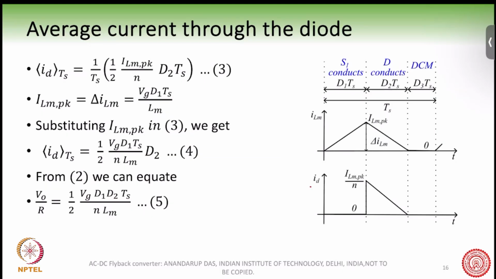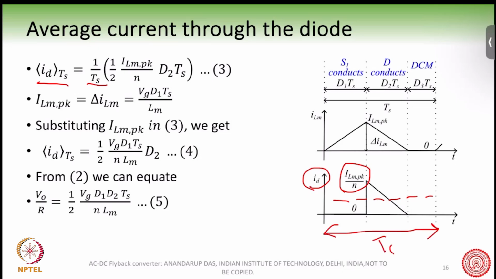You see here, this is the ID current, which has a peak of ILM peak by N. The average value of this triangular waveform is the area under the triangle, half base into altitude. So we can write ID average as 1 by Ts, where Ts is the total time period, times half, ILM peak by N, into altitude into base. So we get this value.